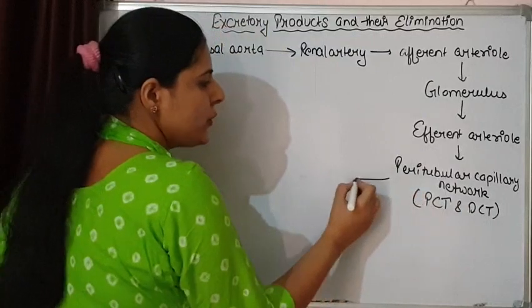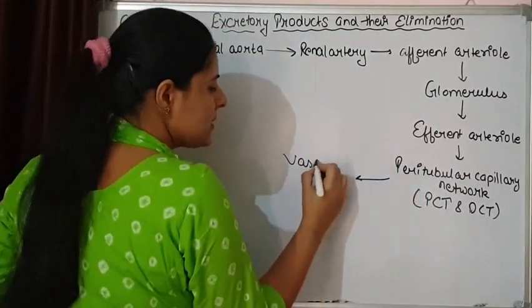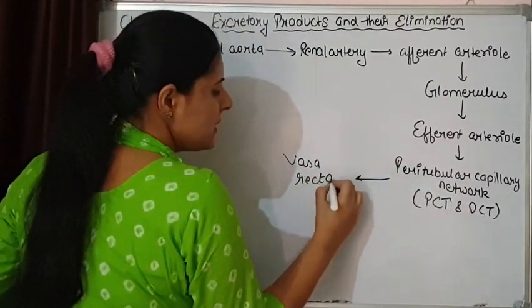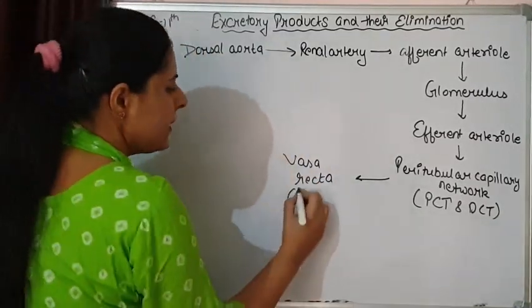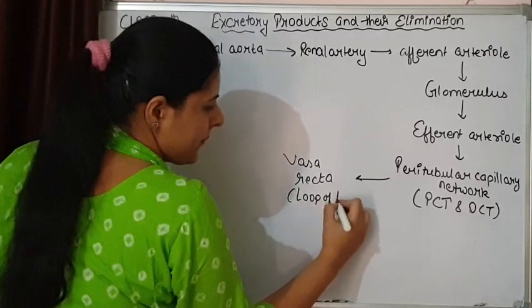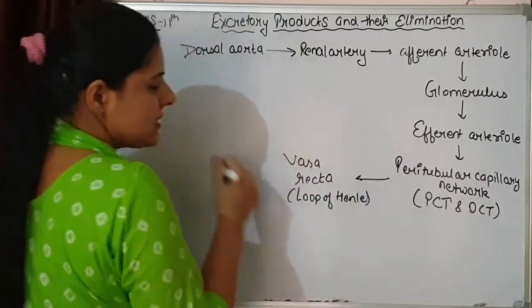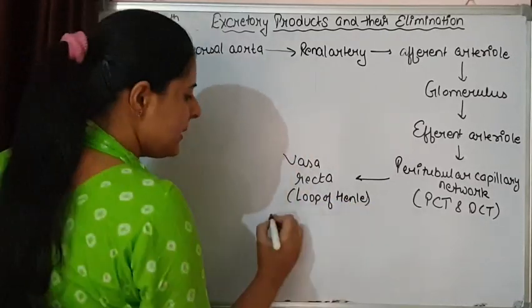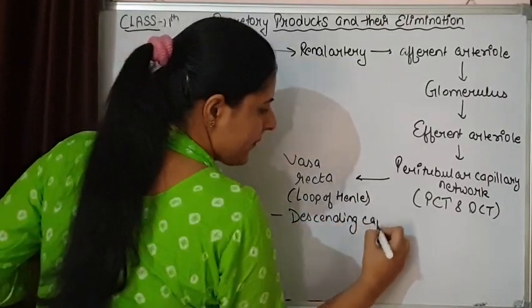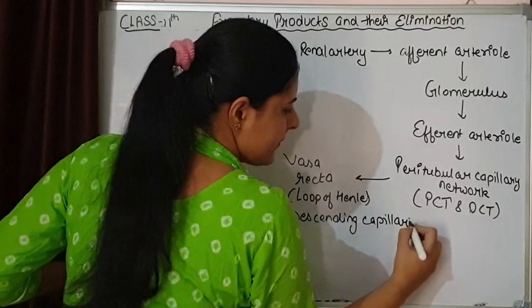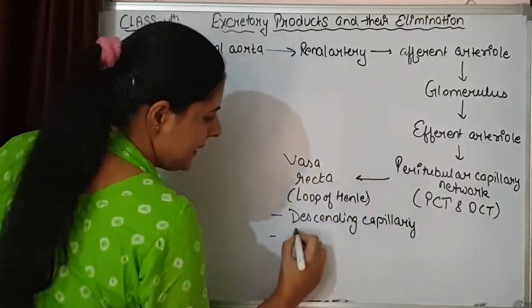From this peritubular network arises the vasa recta, and this vasa recta is going to surround the loop of Henle. It again has two types of capillaries, the descending capillaries and the ascending capillary.